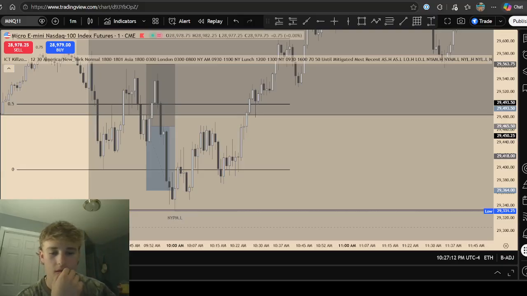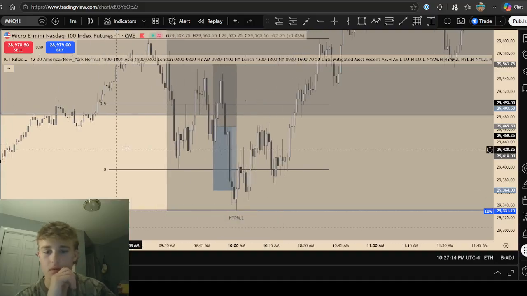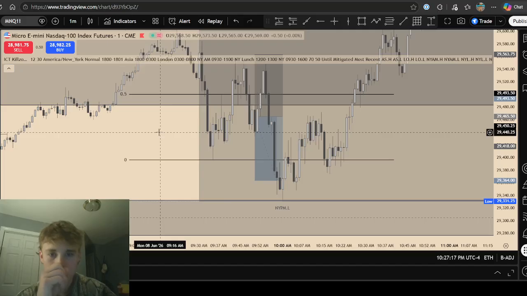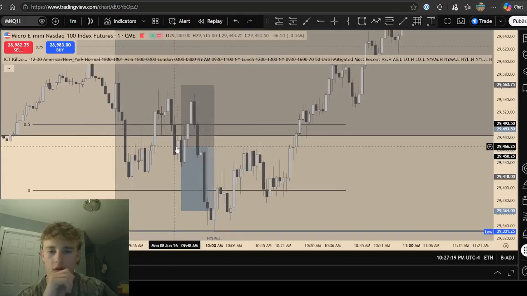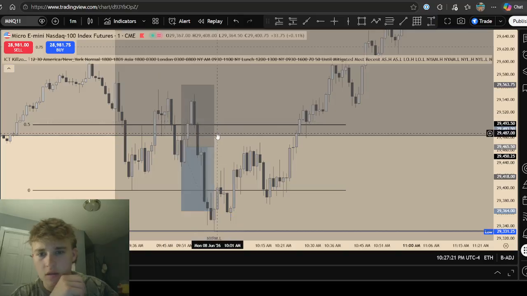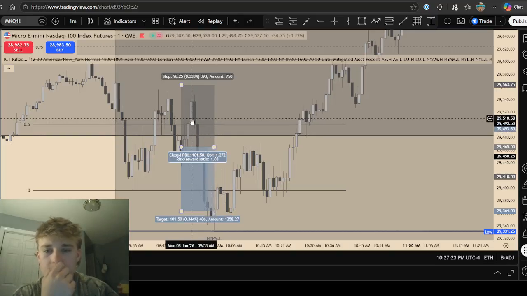The reason I got stopped out here was I think it was this third candle. Yeah, this third bullish candle here. It didn't even close and I got stopped out.